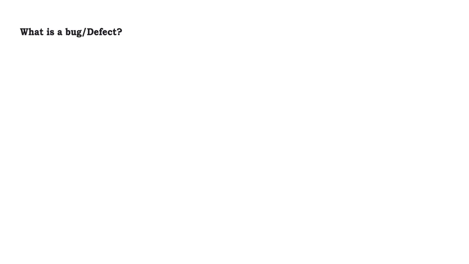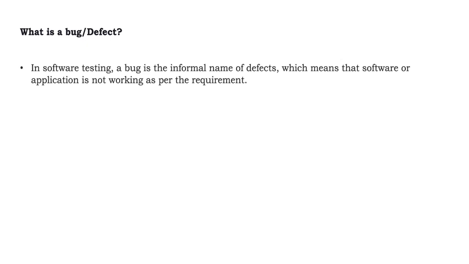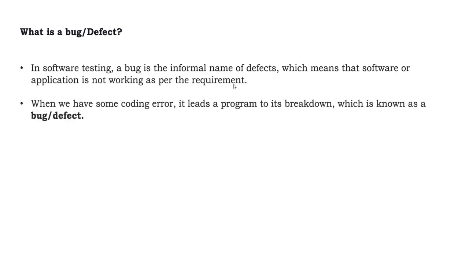Bug and defect are almost similar. But there is a quite a difference: in software testing, a bug is the informal name for defects. It means that the software or application is not working as per the requirement. Basically, if there is a deviation from the expected result, then it is termed a bug or defect. When we have some coding error that leads a program to break down, that is also known as a bug or defect.